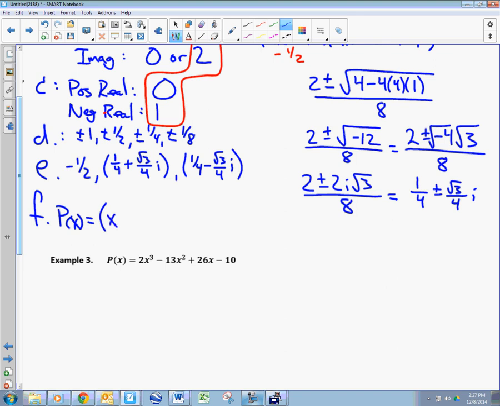So, x plus 1/2 times x minus the quantity 1/4 plus the root of 3 over 4i times x minus the quantity 1/4 minus the root of 3 over 4 times i.